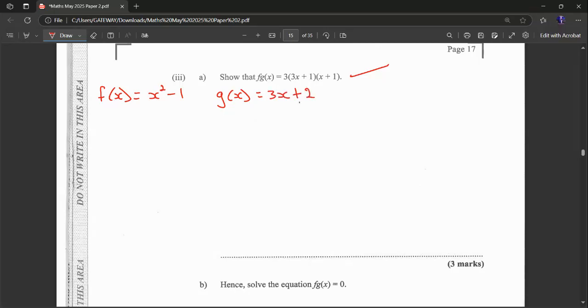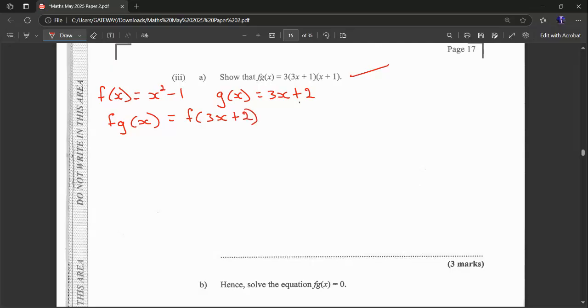If you scroll back up, right? To find fg of x, I am really substituting g of x into the f of x function. So I'm really going to find f of 3x plus 2.